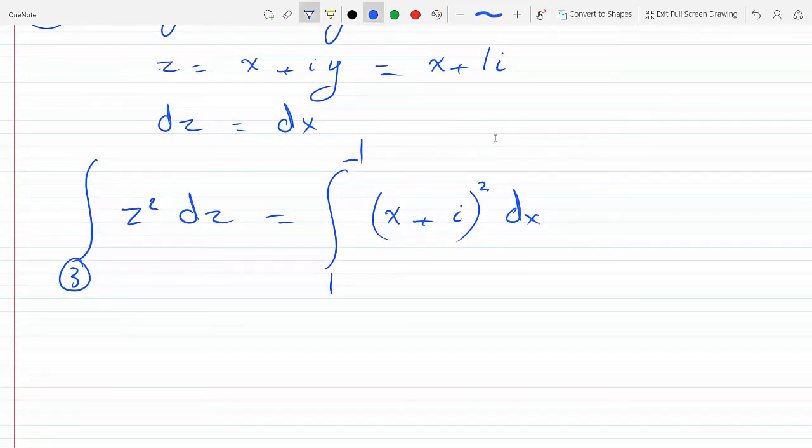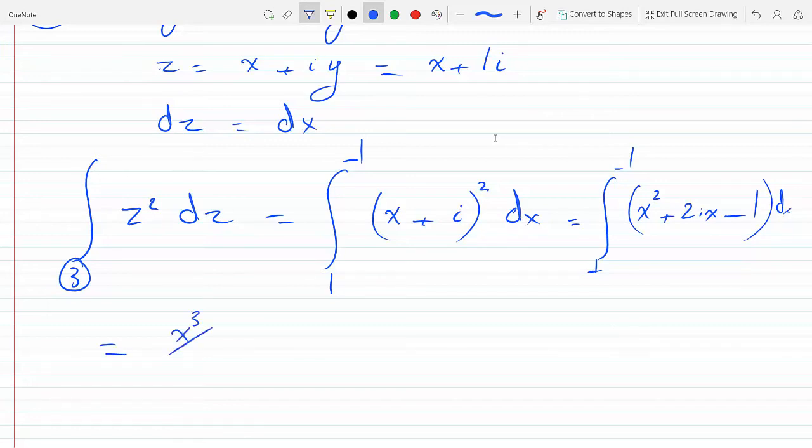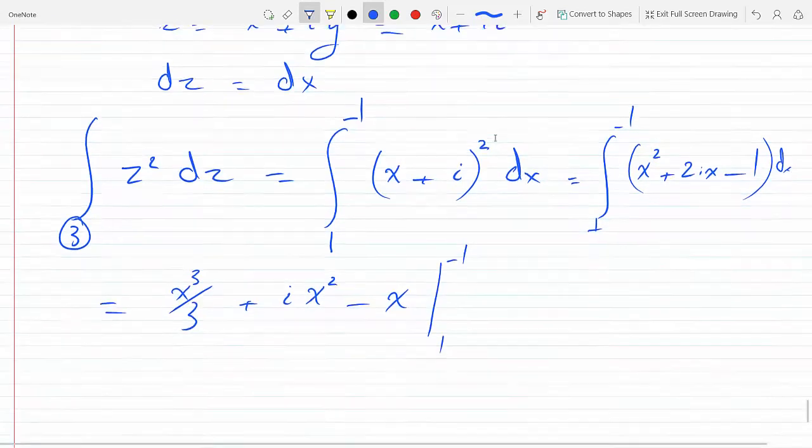So if we FOIL this, what do we get here? From 1 to minus 1, x squared plus 2ix minus 1, because i squared is minus 1. That's dx, and now we can integrate piece by piece. So x cubed over 3 plus ix squared minus x, and we're going from 1 to minus 1.